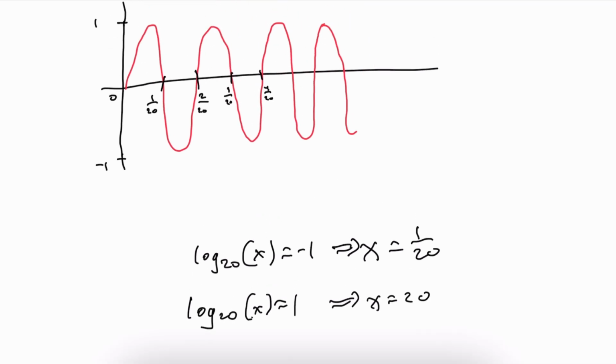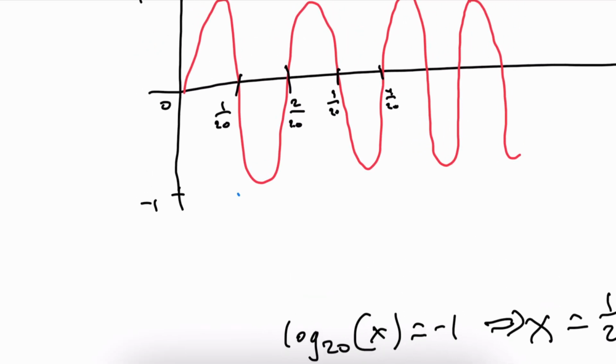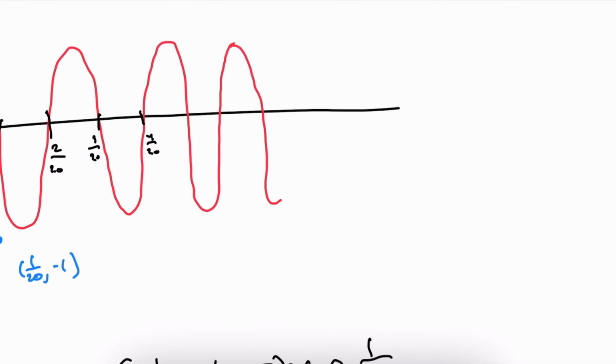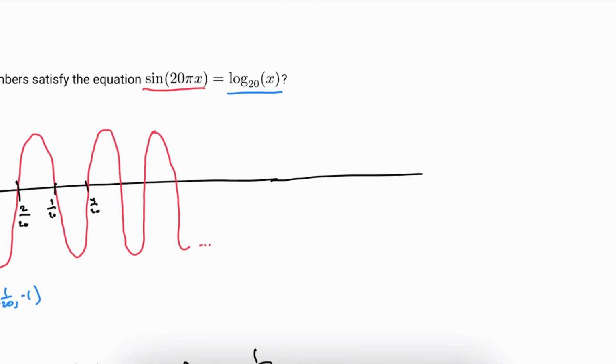And so marking that, we have the point here, which will be 1 over 20, -1. And then I guess the graph will extend here, let's say just all the way out here.